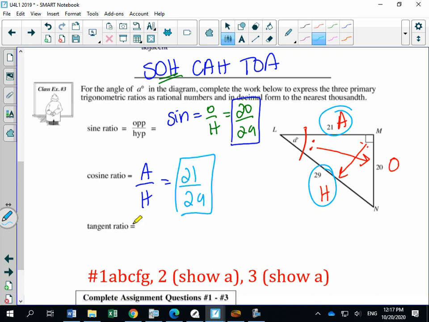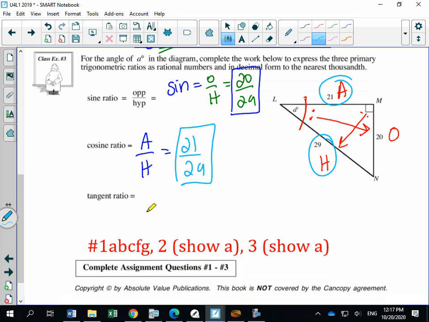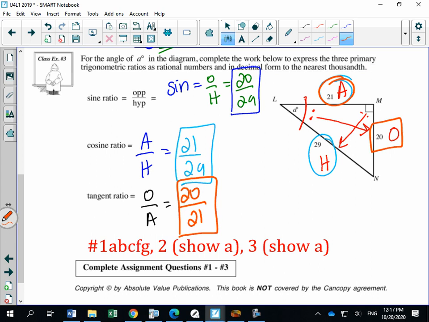Last trig ratio is tan. Alexa, what's the tan ratio for TOA? Opposite over adjacent. So then I have to figure out what that is. Opposite is 20 over adjacent is 21. And you are done your trig ratios.